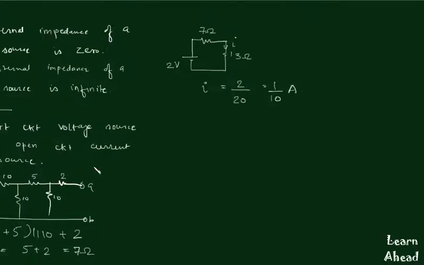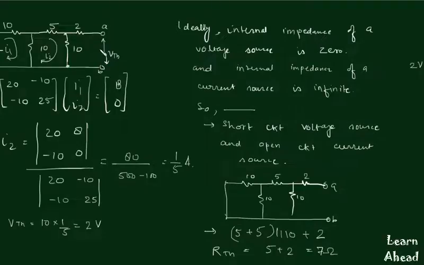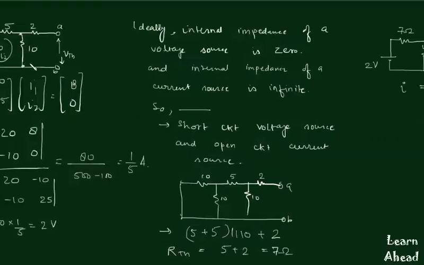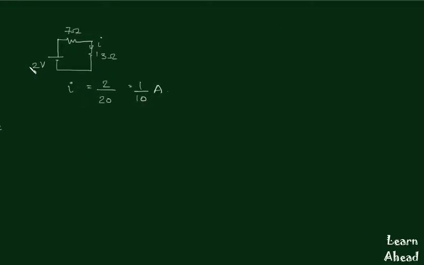For example, in this example, I was interested in current only in the 13 ohm branch and I was not interested in what is the current in other branches. So Thevenin's theorem acts as a rescuer in such type of problems.